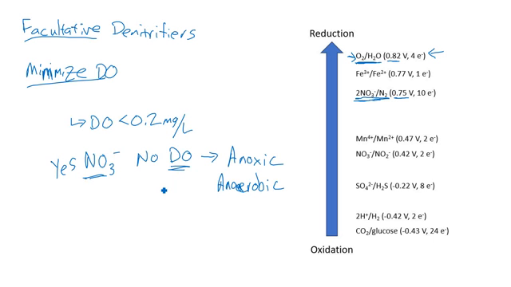Our next factor that we want to think about is pH. And usually denitrifiers prefer a neutral pH. And if we take a look at our balanced biochemical reaction for heterotrophic denitrification, where we have methanol as our electron donor, we can see a little bit about what's happening there.